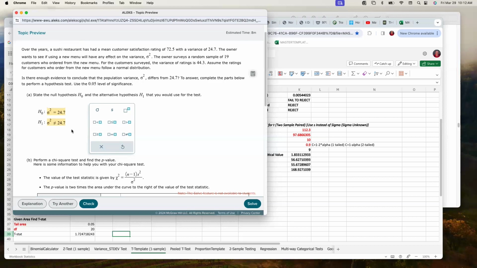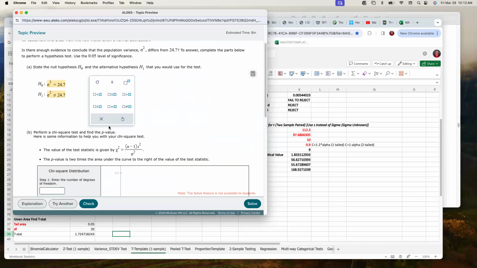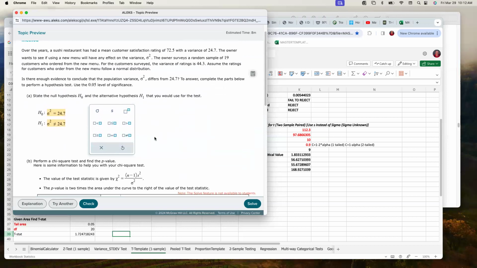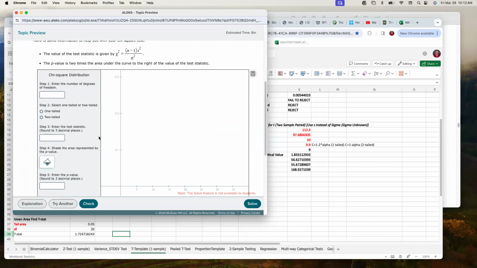So they kind of guide you through here. We want to use the number of degrees of freedom. And again, we're going to go one less than the sample size here. We're going to see on our spreadsheet back here that we're going to get all this information in order to go and enter all this in here.